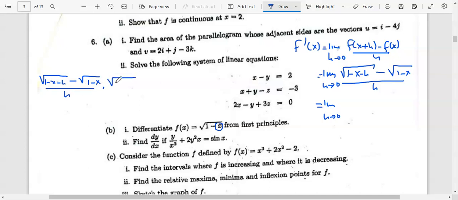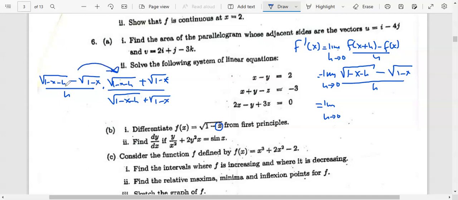To rationalize, multiply on top by the conjugate of the numerator, so the square root of 1 minus x minus h, now change the sign, it becomes plus square root of 1 minus x. Also down, we are going to have square root of 1 minus x minus h plus square root of 1 minus x.